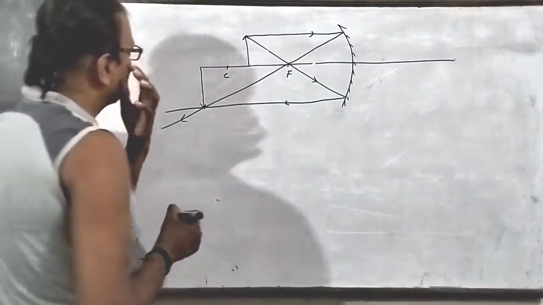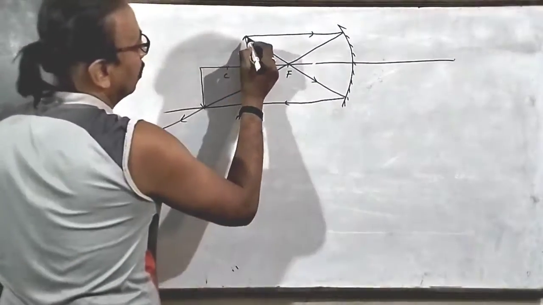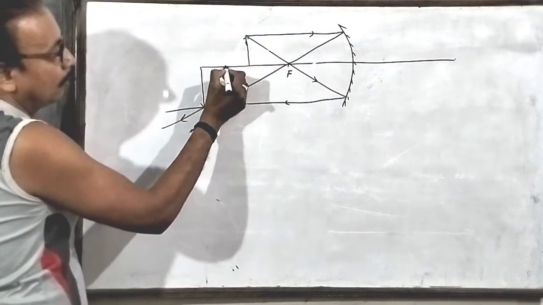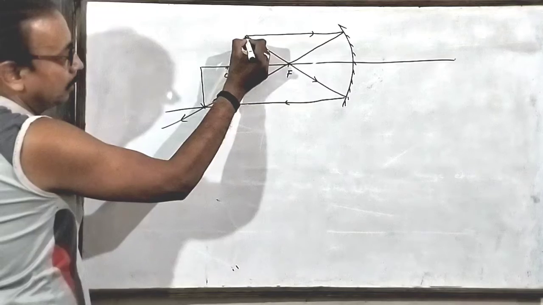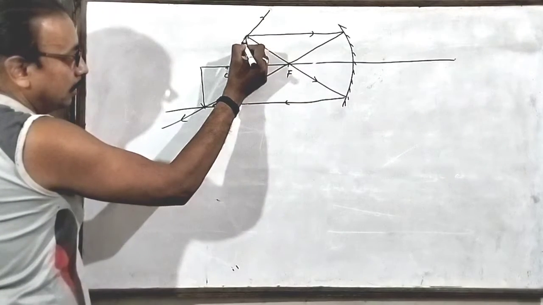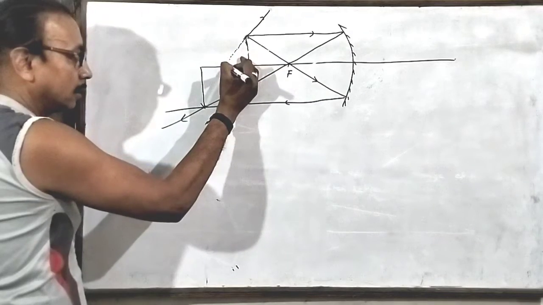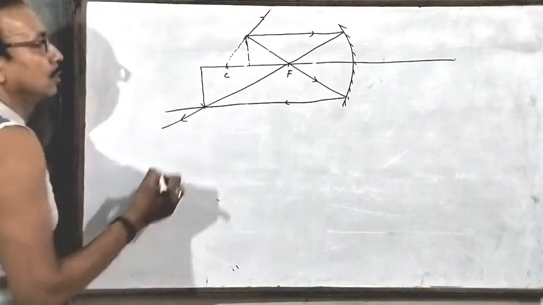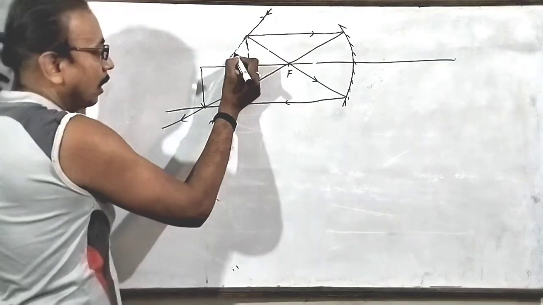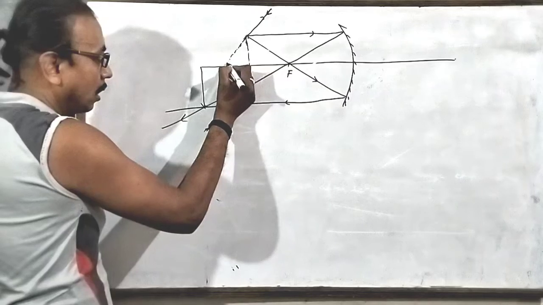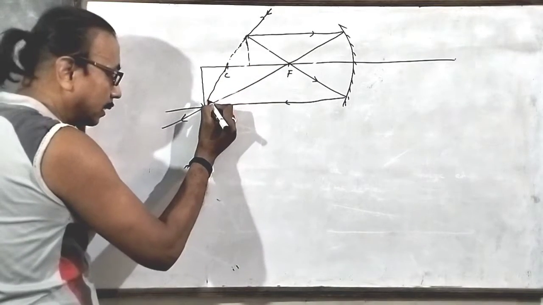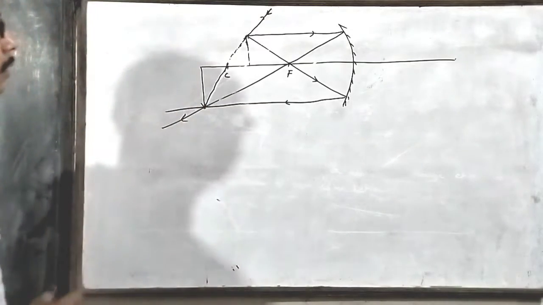If we want to use a third ray, it passes through C, strikes the mirror in this direction, then traces back along the same path, and after coming back, it will intersect those rays at the same point.